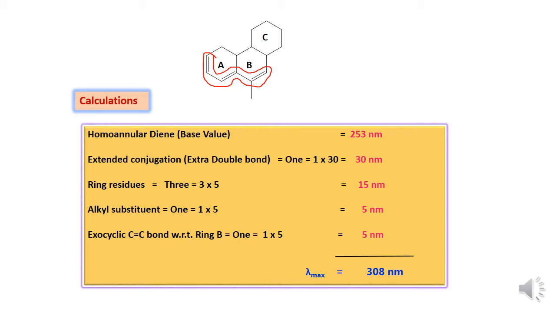or ring residues. So in this ring A, there is one alkyl substituent. This is also another ring residue. This is the third ring residue. So these three ring residues are present, and one alkyl substituent. So this one is the alkyl substituent.